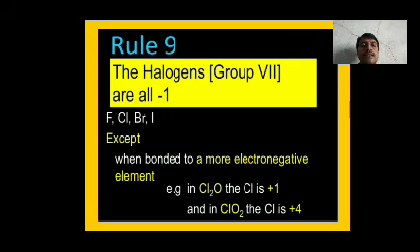The halogens always show minus 1 oxidation state except when bonded to a more electronegative element. In Cl2, chlorine is 0; in ClO2, chlorine is plus 4.